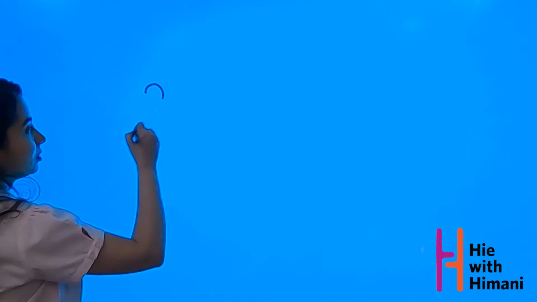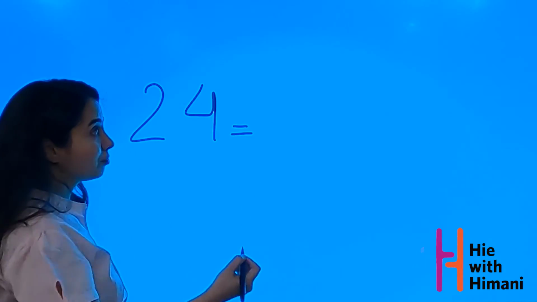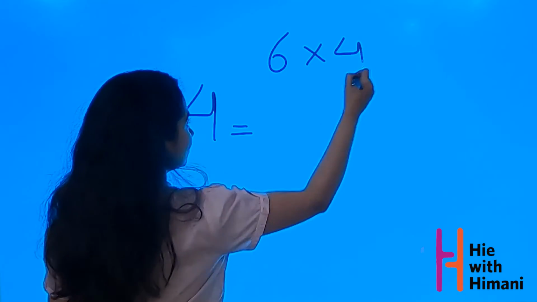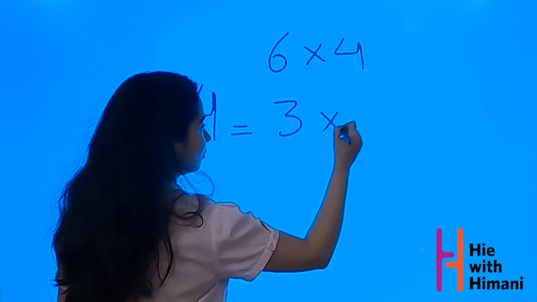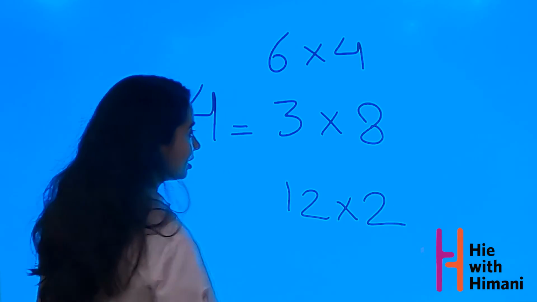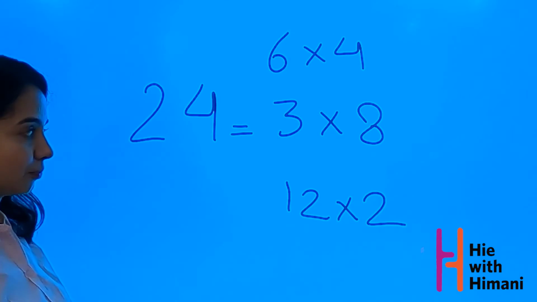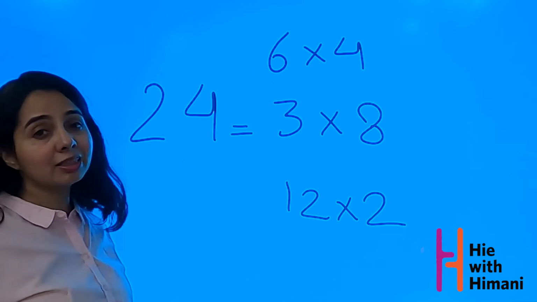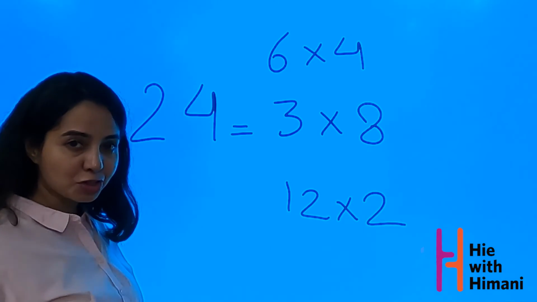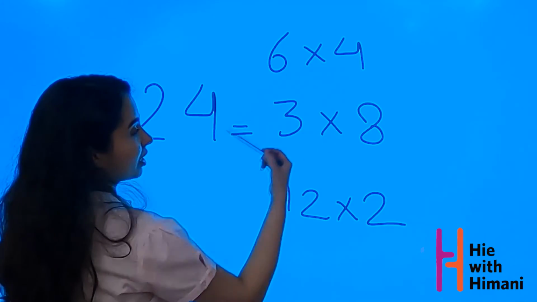Another number, 24. Then again, this can be formed as 6 4s are 24, 3 8s are 24, 12 2s are 24. Various combinations. With various combinations, I can reach up to 24. So for divisibility, which combination will I use? I will use the combination of co-primes. So which are not co-primes? 6 and 4 have a common factor between them.